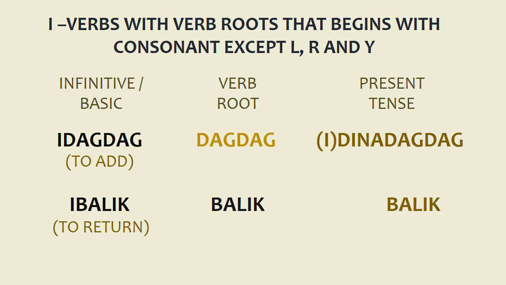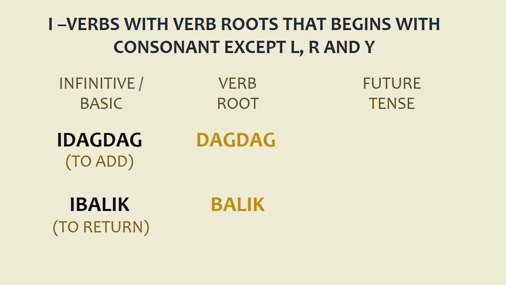And for the second one, again, take the first two letters and add it at the beginning, insert in, and then add letter I, ibinabalik. And like earlier, not adding the I at the beginning is completely acceptable. Dinadagdag is also correct, and binabalik is also correct.